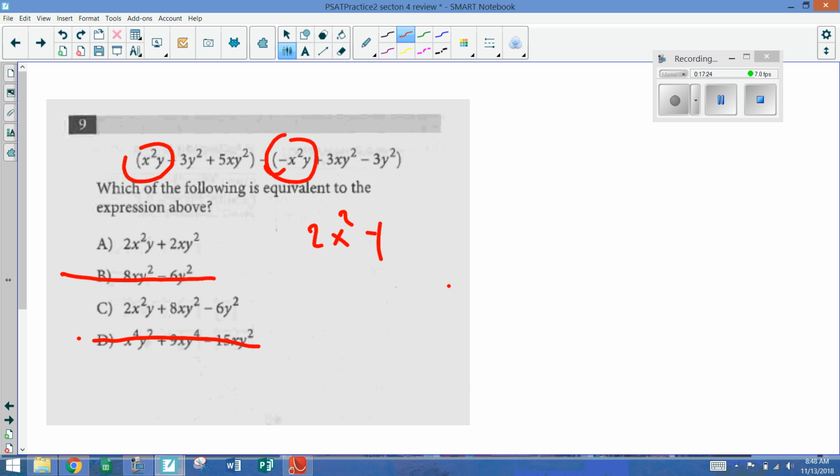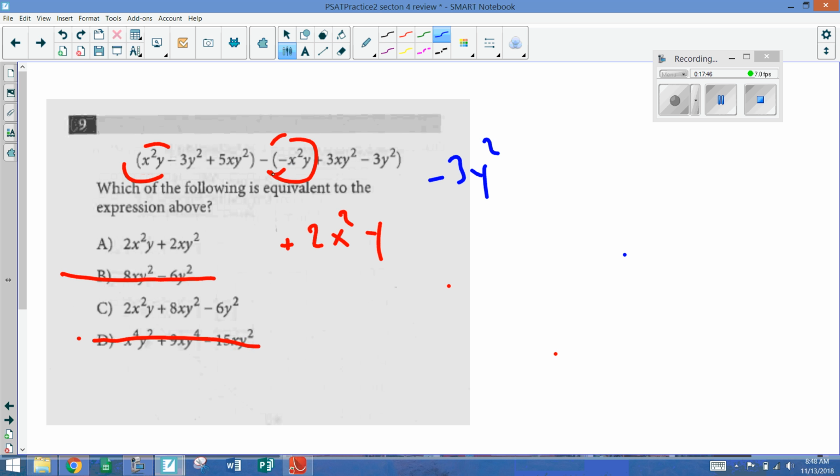So we have two choices. Because I didn't put 2 on that. Yes, because negative times negative is going to be positive. And then, let me change the color. Negative 3y squared. But you multiply negative times 1 is 1.